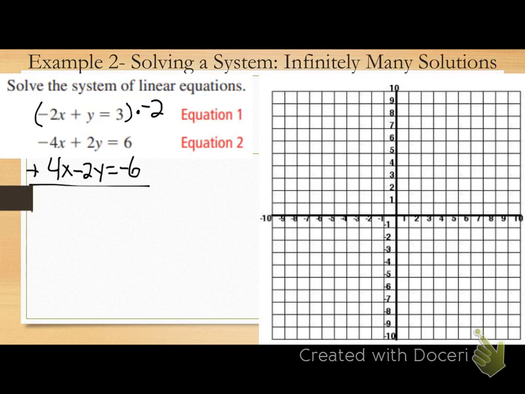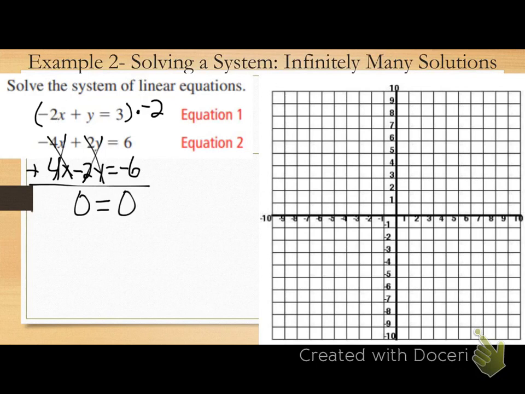As we probably guessed, what happens to my x's here? Negative 4x plus 4x. They're canceled out, they're eliminated. 2y plus negative 2y, what happens there? They're also eliminated. So on the left-hand side, what am I left with? After everything cancels out? 0. Equals, what's 6 plus negative 6?